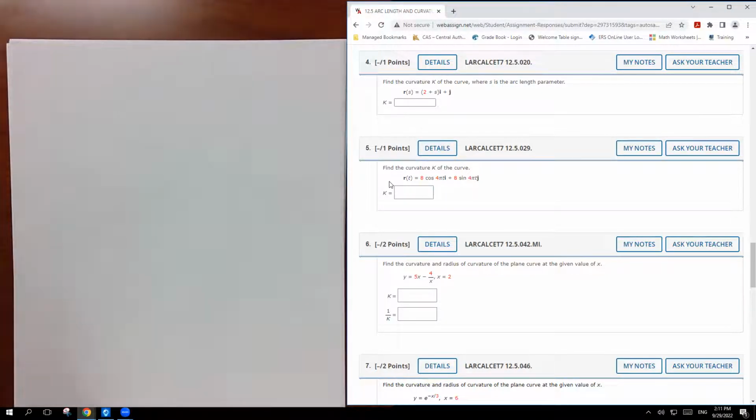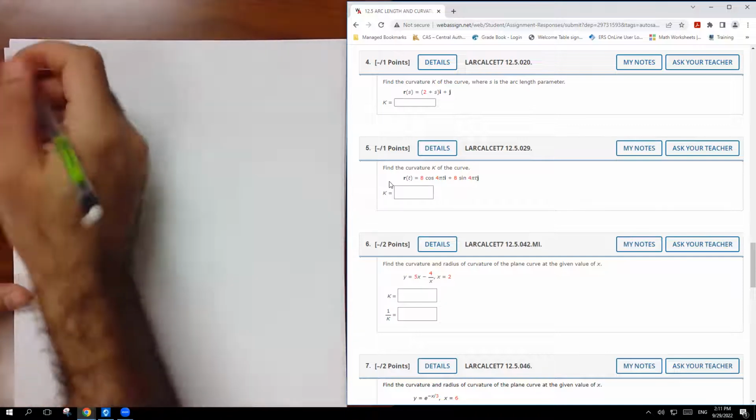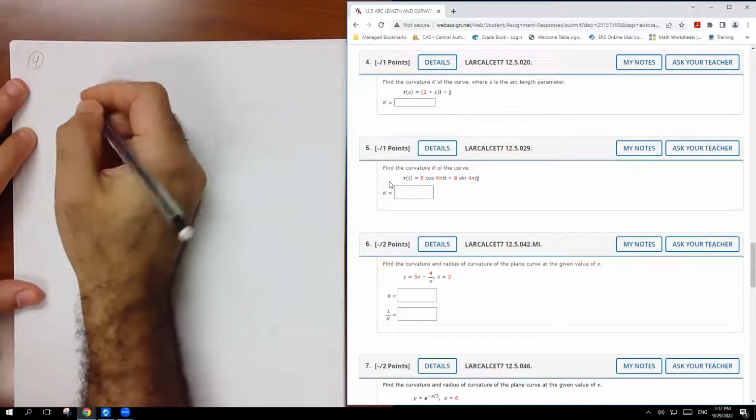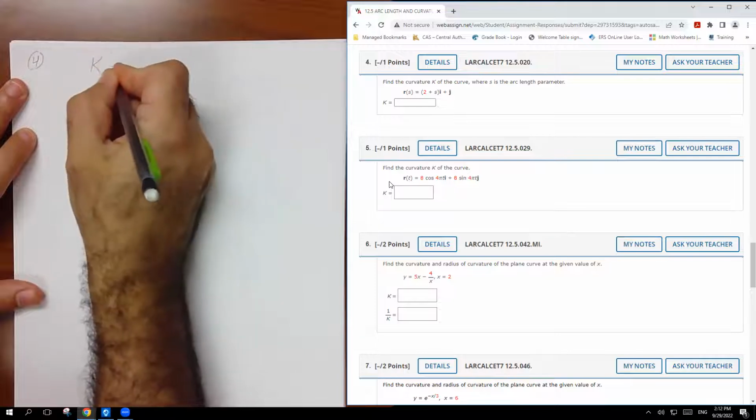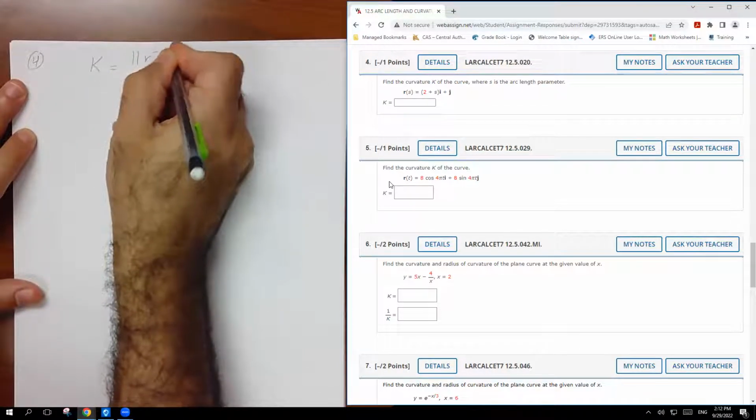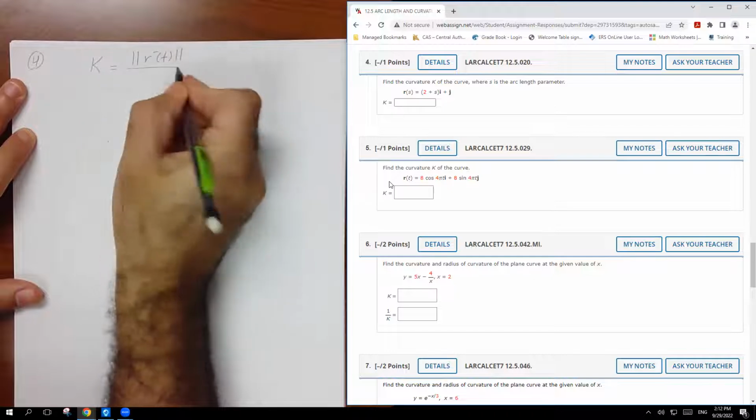Okay. So here is the rule for example 4. That means the curvature k equals the length of T prime with respect to t over the length of r prime.